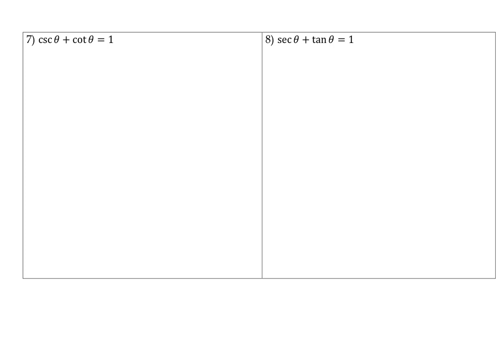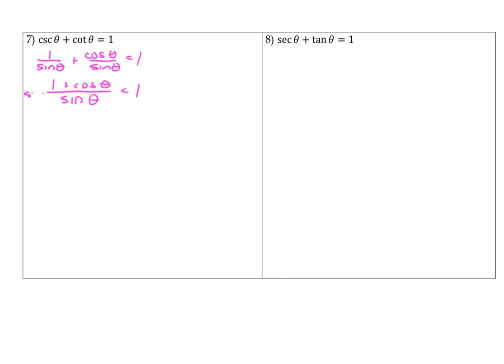Okay, so let's rewrite cosecant as 1 over sine theta. Let's rewrite cotangent as cosine theta over sine theta. That equals 1. This has a common denominator, so I can put it together as 1 fraction.